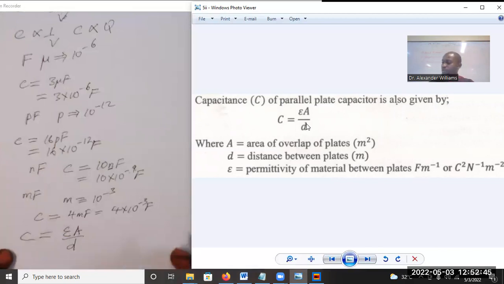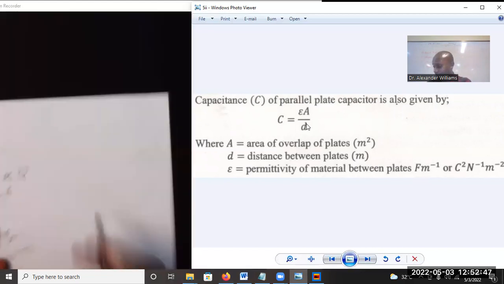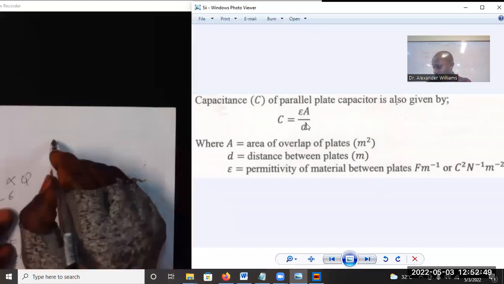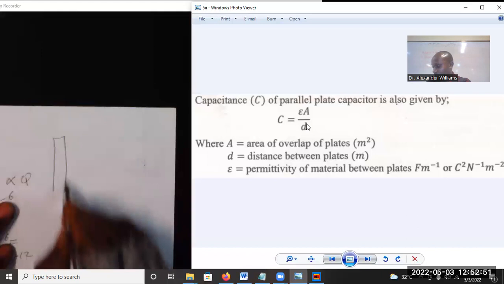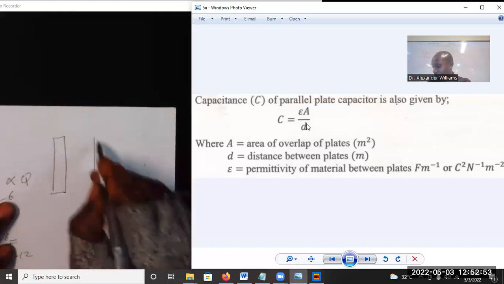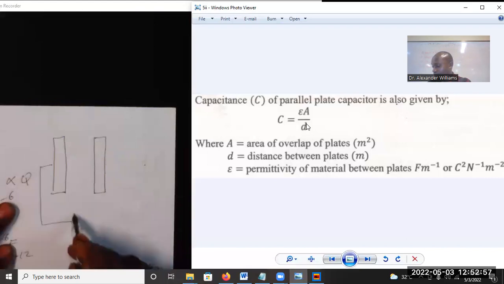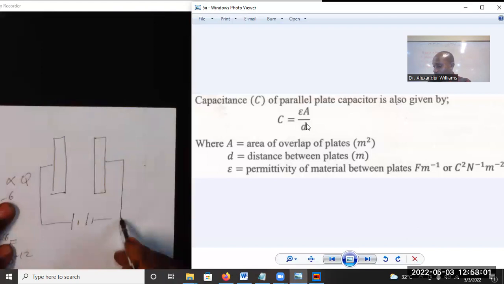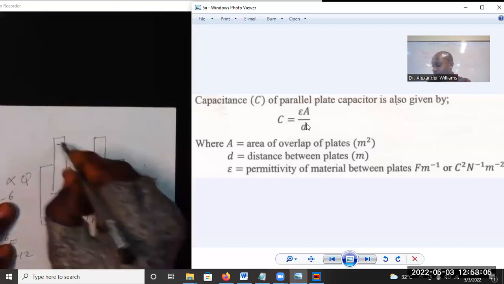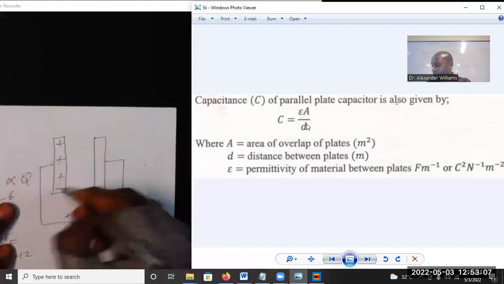This can be explained in terms of a parallel plate capacitor, and this plate is connected to a source of voltage. This is positive and negative. With this end, this will be charged positively, and this will be charged negatively.